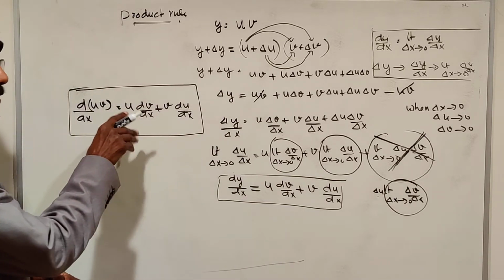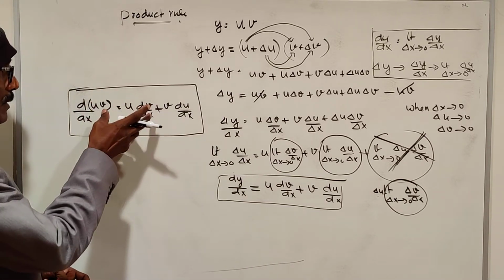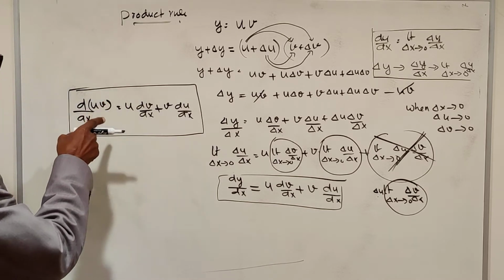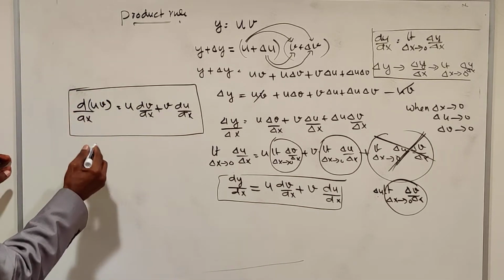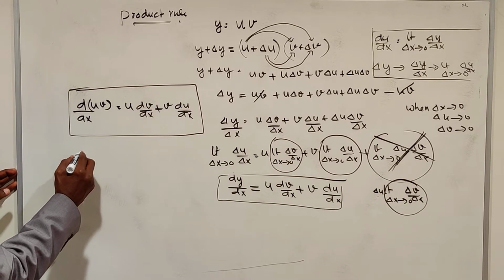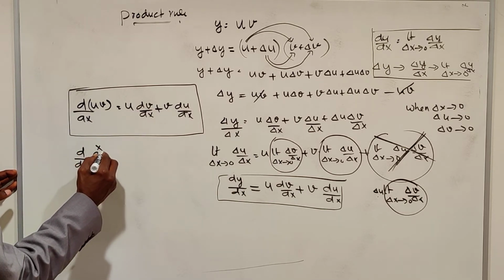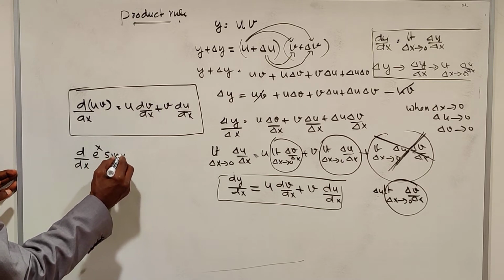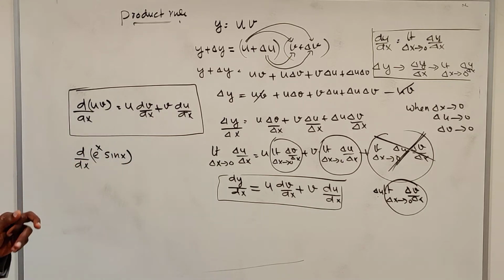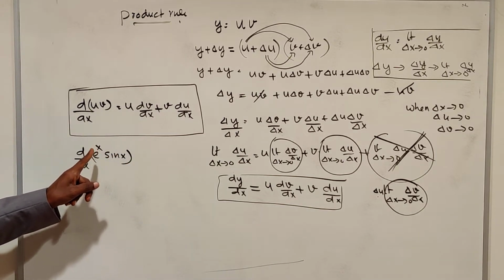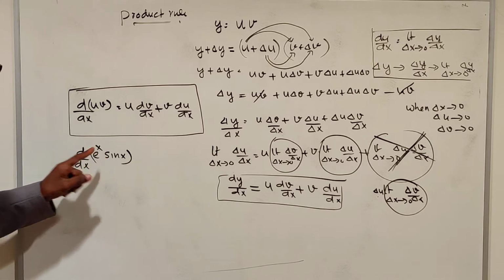I'm going to apply the formula to a problem. d by dx of e raised to x sin x. How can you differentiate it?